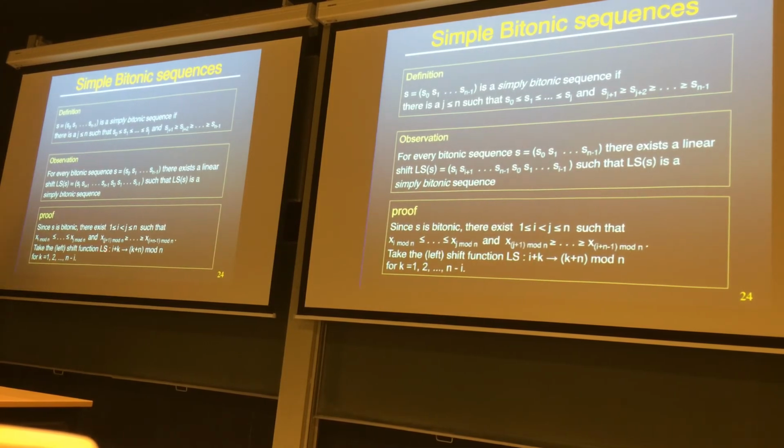If you apply this simple shift, i plus k goes to k plus n modulo n, then we have here a simple bitonic representation. The most important conclusion from this observation is that, instead of dealing with arbitrary bitonic sequences, it suffices to look at simply bitonic sequences.